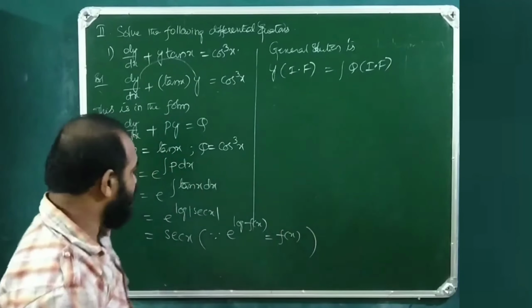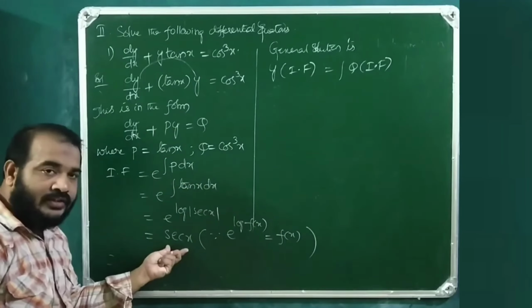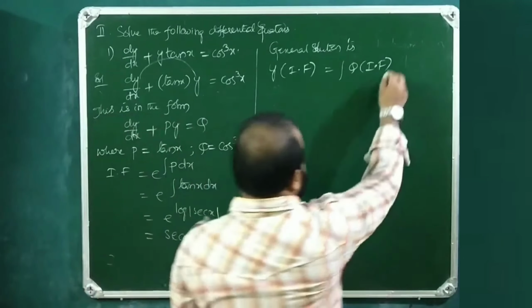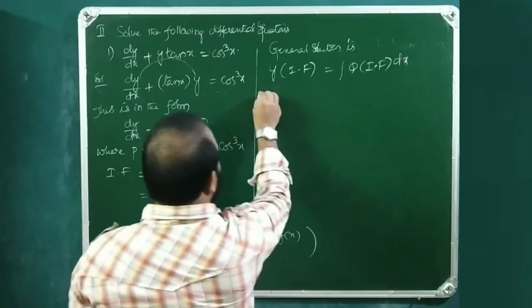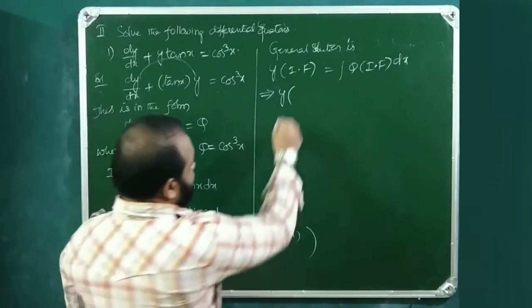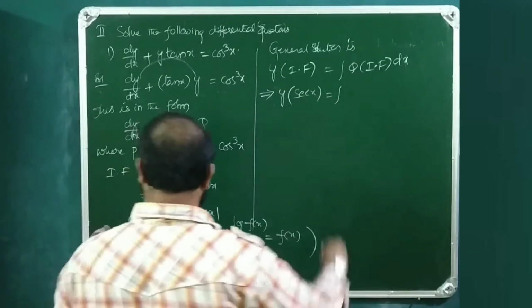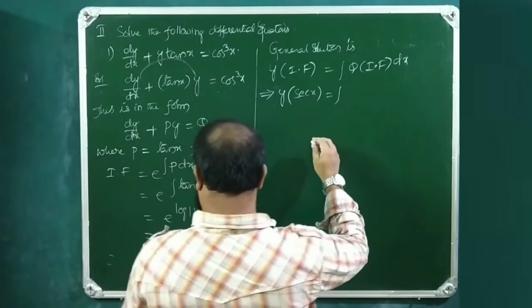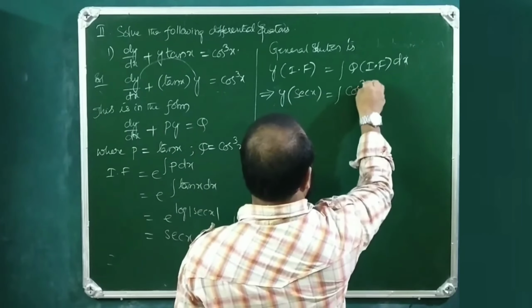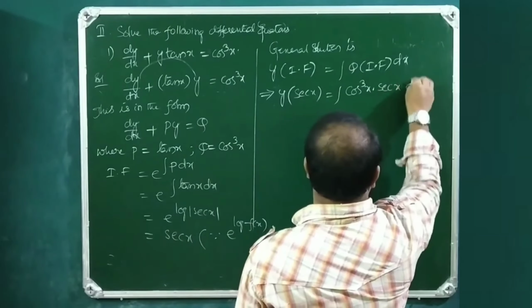This q is in terms of x and the integral factor is also in terms of x, therefore it is obviously dx. Now y into secant x is equal to integral cos cube x into secant x dx.